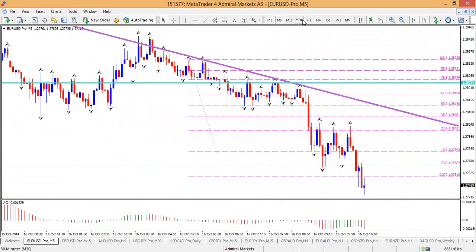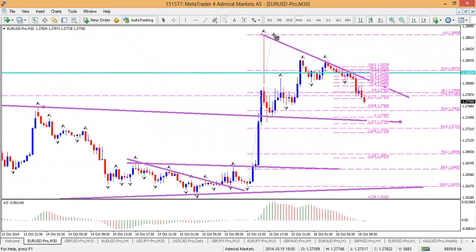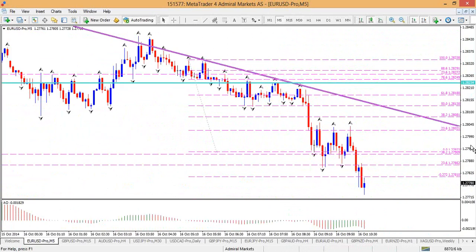All right, let's take a look. That level is equal to a 50 fib, almost 50 fib, 5 pips away from it. So maybe we'll make it all the way down to the 50 fib again.